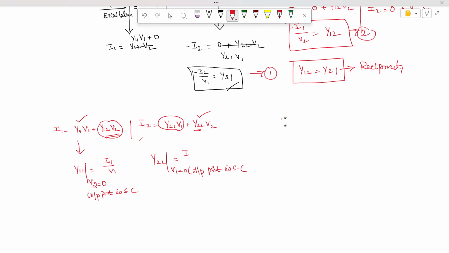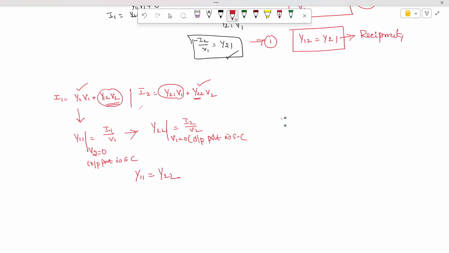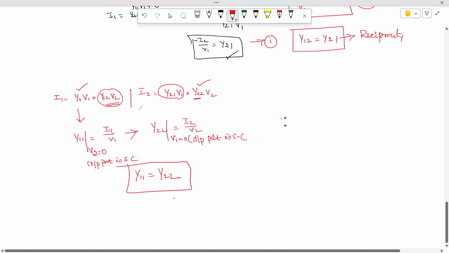Therefore, this is nothing but I2 divided by V2. When you compare this current, I mean response to the excitation, on both input side and output side, the condition for symmetry is y11 is equal to y22. So this is the condition for symmetry in y parameter model.